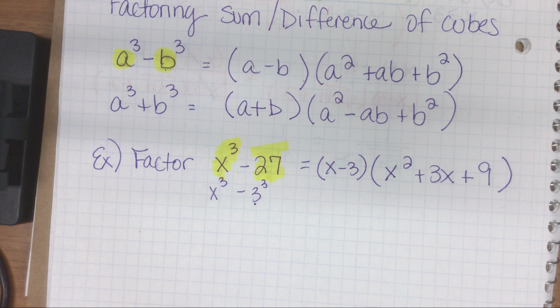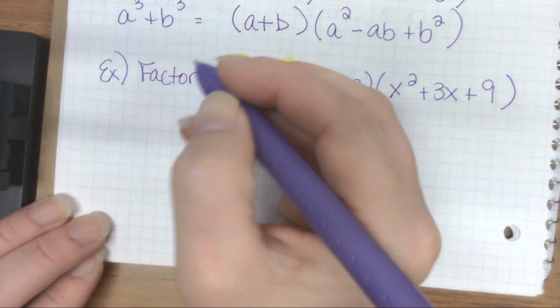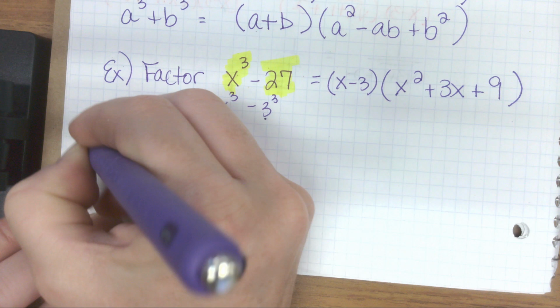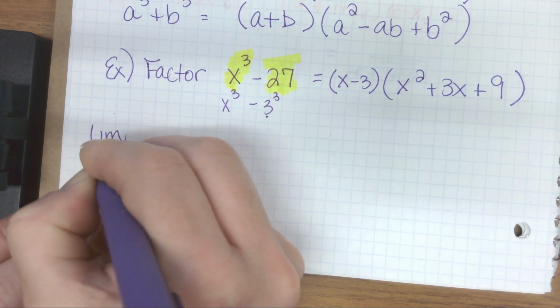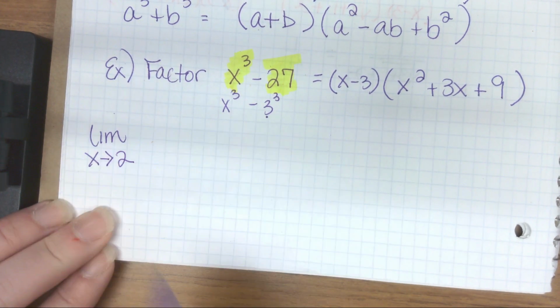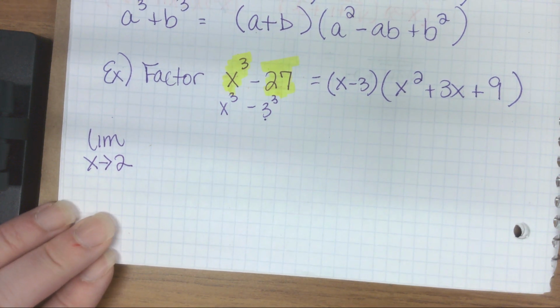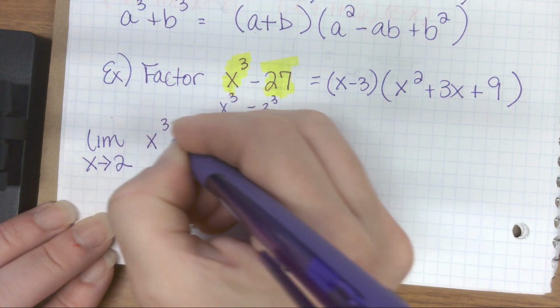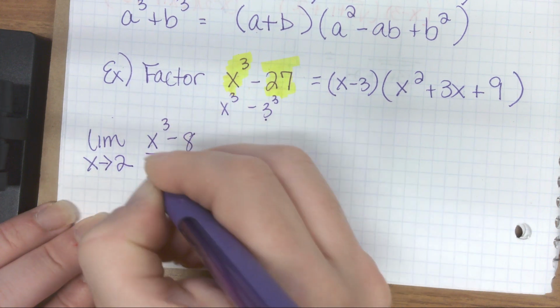Okay. How are we doing? All right, so this is what I'm going to have you try now in your notes. Would you find the limit as x goes to 2 of x cubed minus 8 over x minus 2?